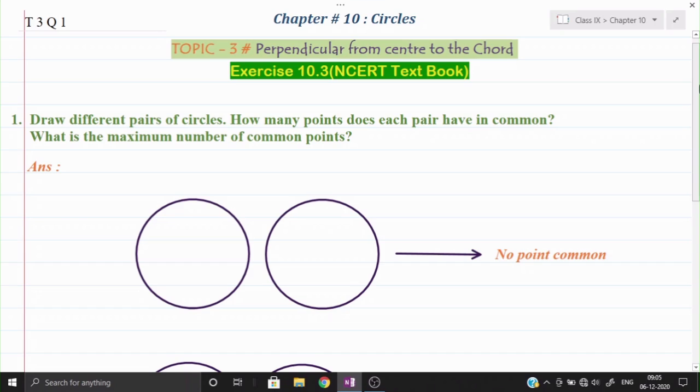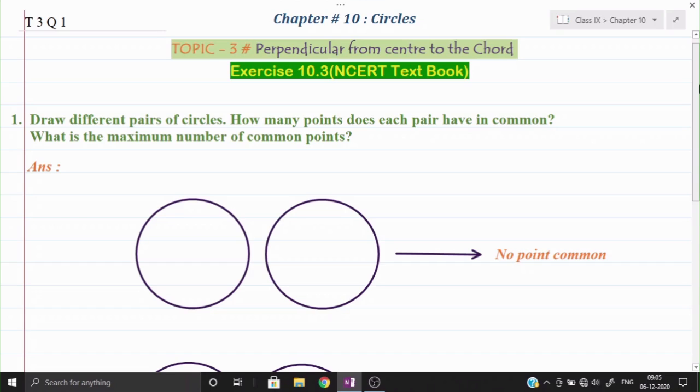That will be 2, because we cannot say that two circles are intersecting at three different points. That is not possible. When circles are intersecting, they will be intersecting only at 2 points. You can try to draw circles and find out the number of points common. The maximum number of points common will be only 2.